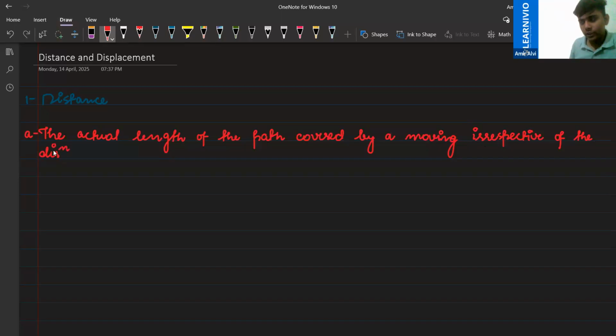So this is the short form of direction that I will be using throughout the chapter. Please make sure of it, and do not write these short forms in the exams.